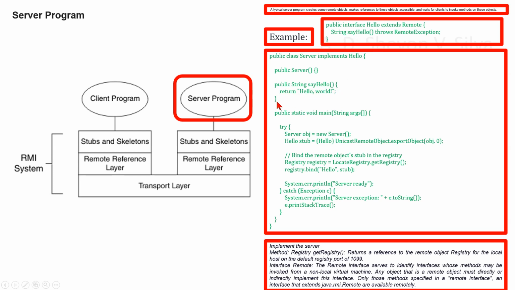The method sayHello does not need to declare that it throws any exception because the method implementation itself does not throw RemoteException, nor does it throw any other checked exceptions.